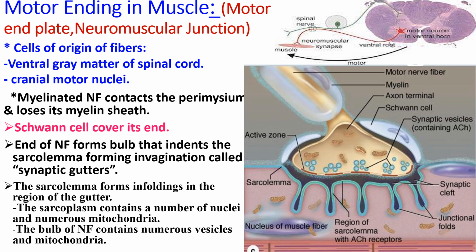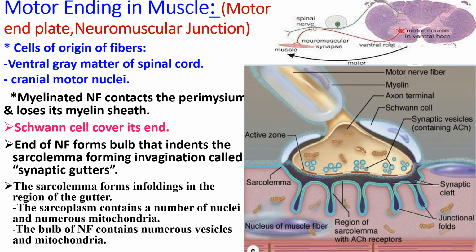At the site of this gutter, the sarcolemma forms infoldings, irregularities, in the region of the gutter. Another change, the sarcoplasm, the cytoplasm of the muscle fiber, contains at the area of the gutter a number of nuclei and numerous mitochondria.